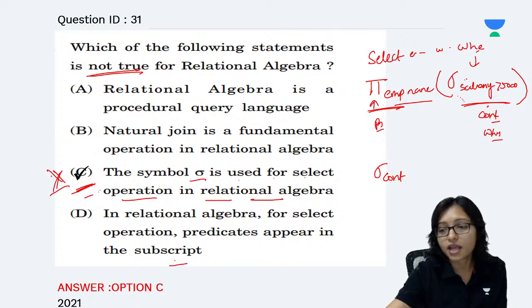This one, natural join is not a fundamental operation. That is your doubt.